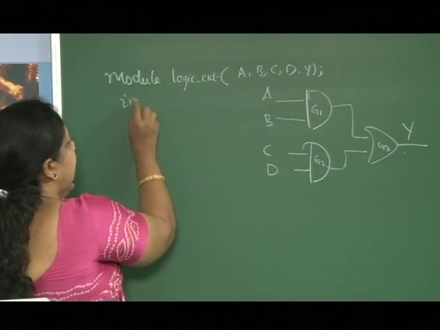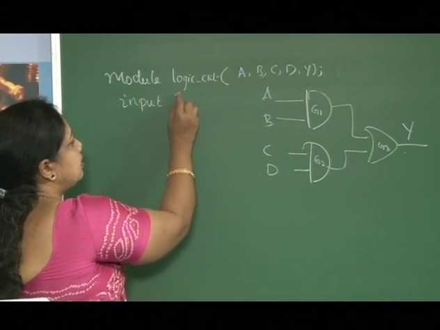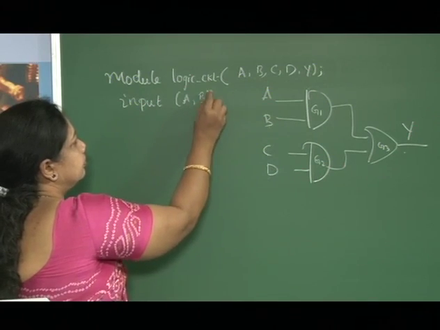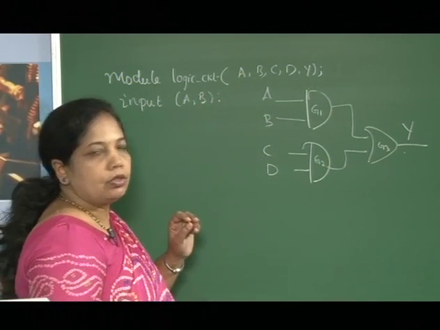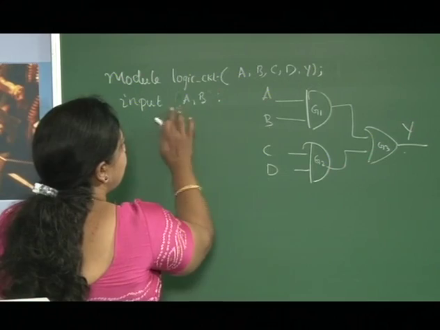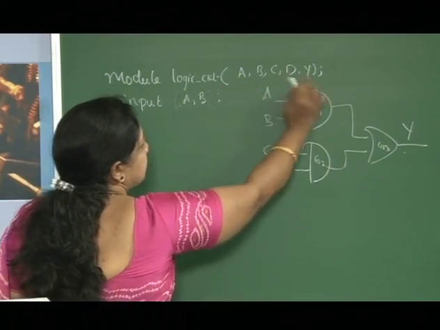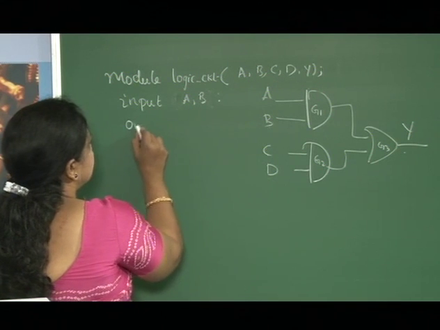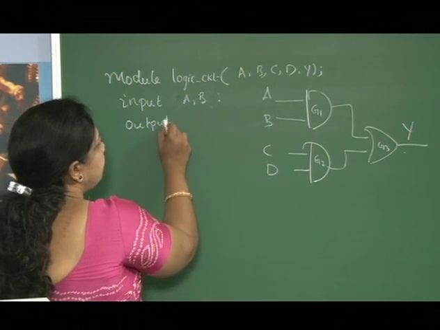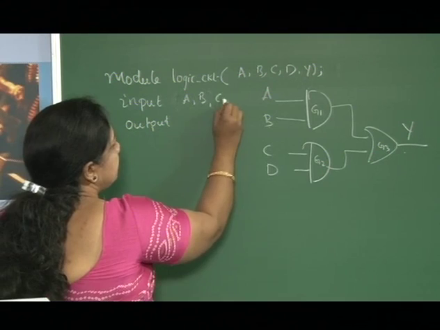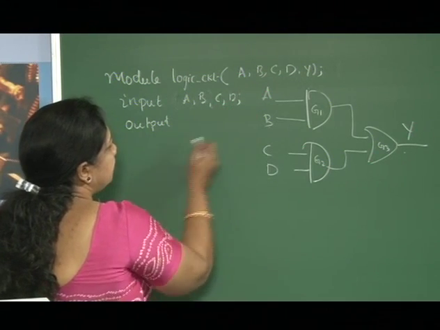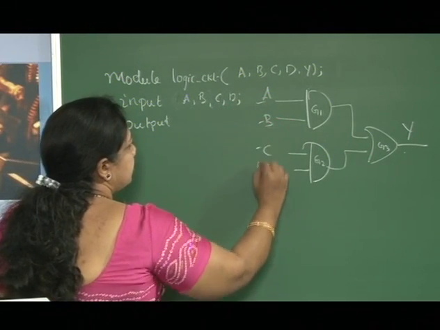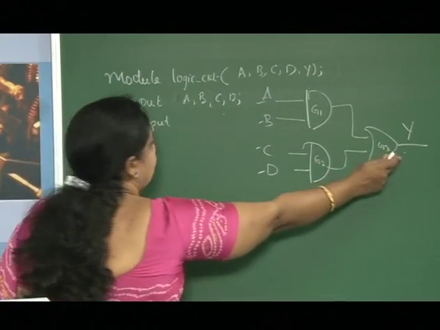Now I am going to define which are the inputs and outputs. No bracket here; you have to write the brackets only in the module name. Now input: A and B comma, C and D semicolon, so A, B, C, D are 4 inputs, and one output Y.